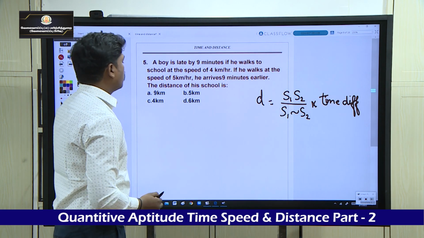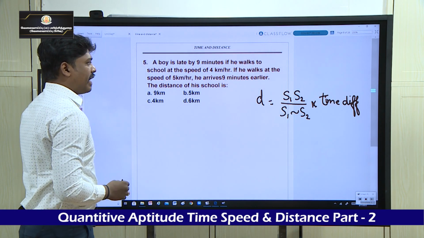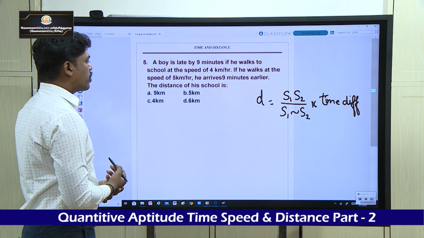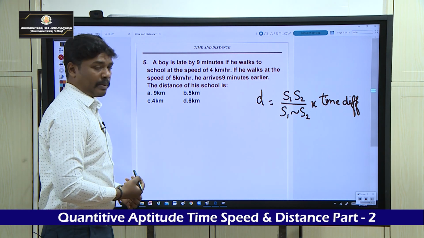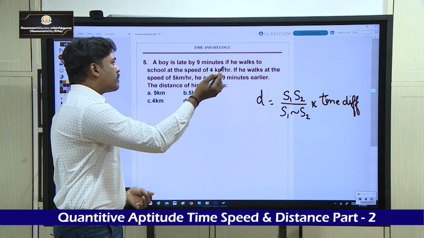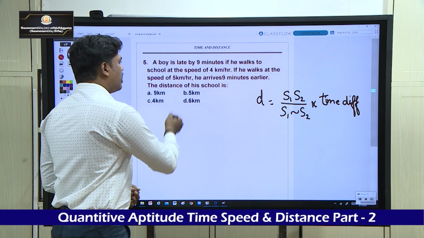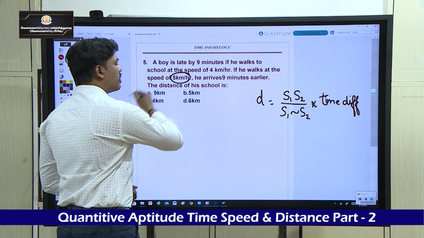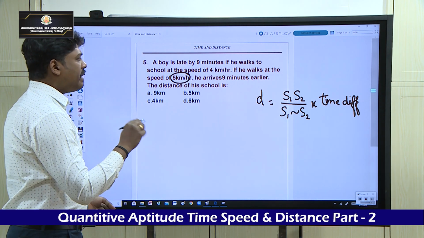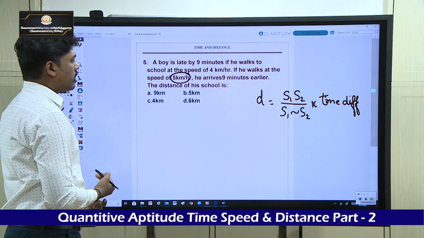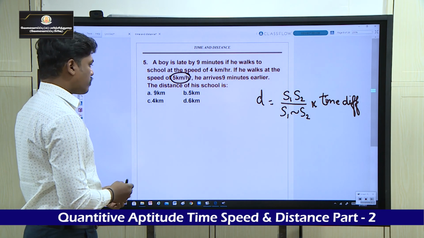Okay. So look at here, a boy is late by 9 minutes if he walks to school at a speed of 4 km per hour. If he walks at a speed of 5 km, which means he is increasing the speed, he arrives 9 minutes earlier. The distance of his school is what?